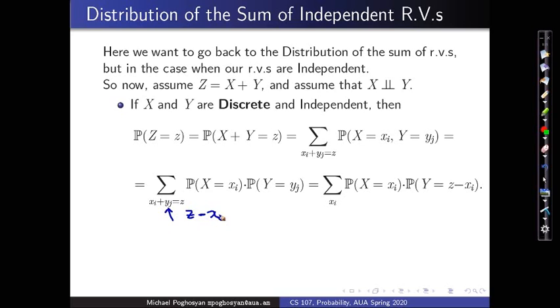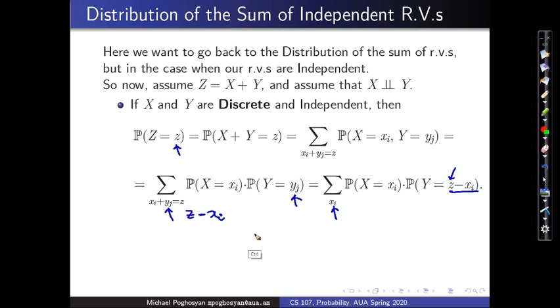So instead of yj, we are plugging z minus xi. So we are calculating the sum over all possible values of x, xi, over this product of probabilities, where we take the probability that x is xi times the probability that y is z minus xi. z is the number we want to calculate the probability of.